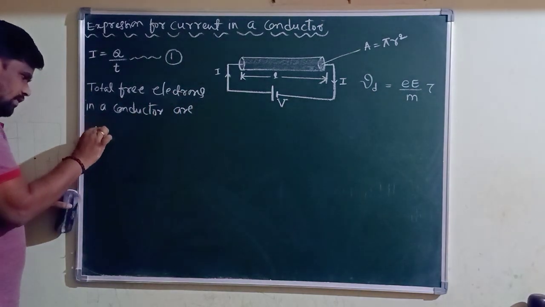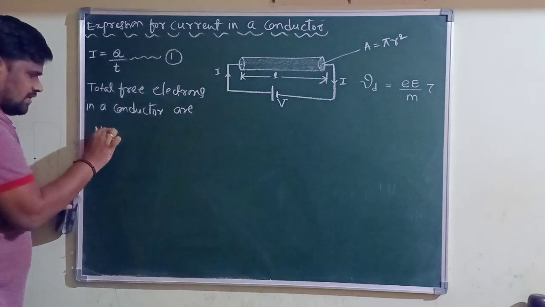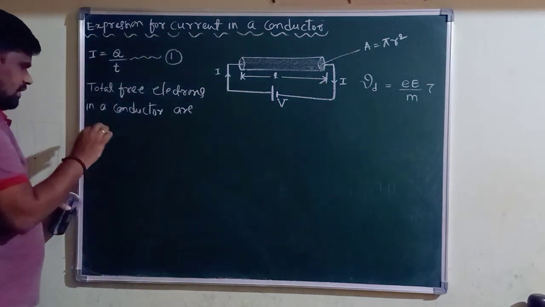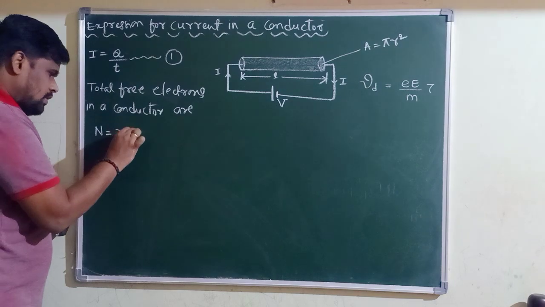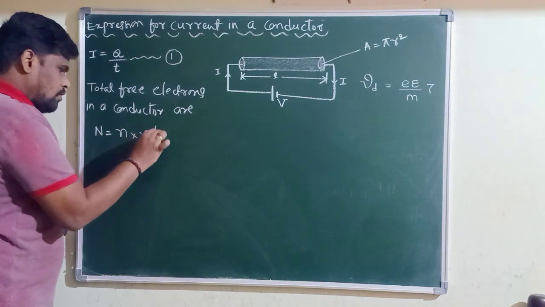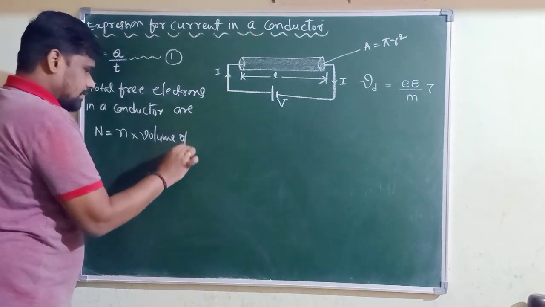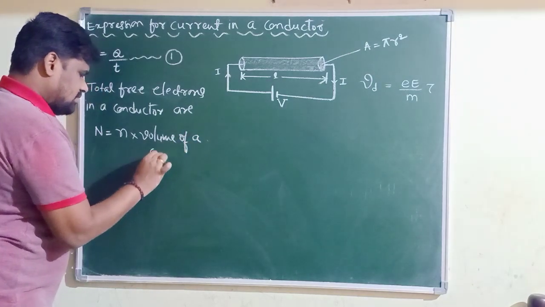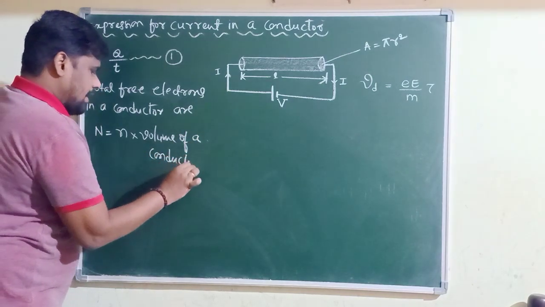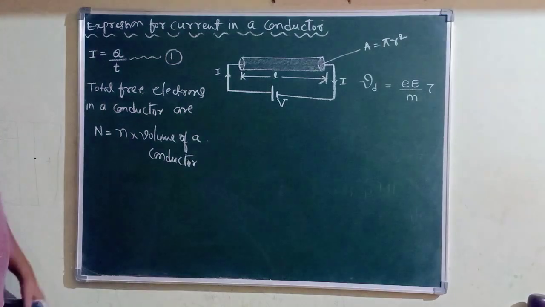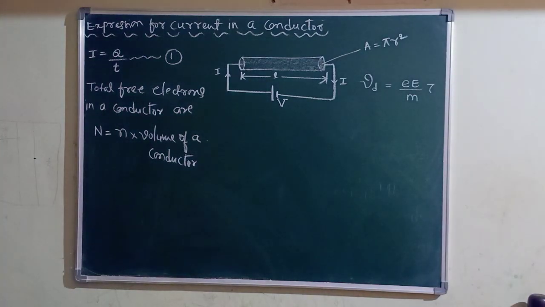The total free electrons in a conductor is given by capital N is equal to small n into the volume of the conductor. This is the formula used to calculate the total number of free electrons in a conductor.